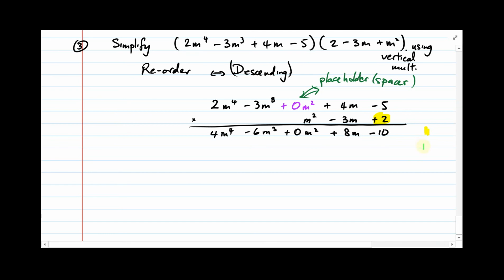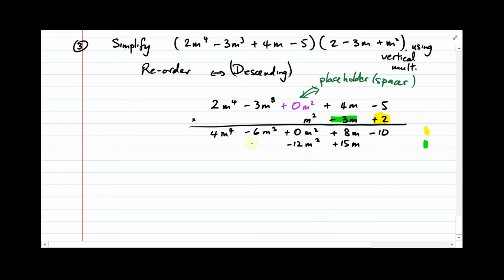Next, we're going to do our negative 3m. Watch the signs. Alright, so negative 3 times negative 5 would be positive 15. Negative 3 times positive 4 would be negative 12m squared.